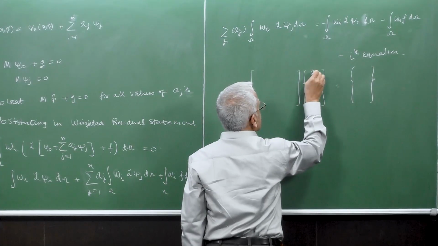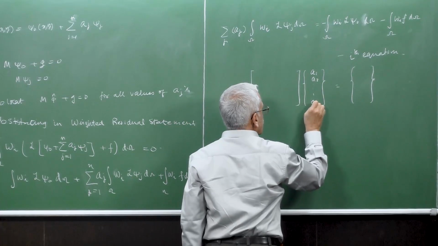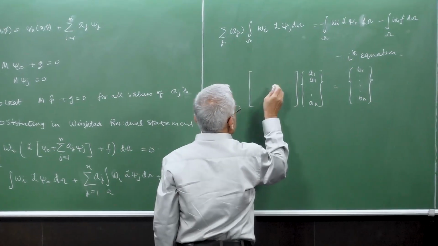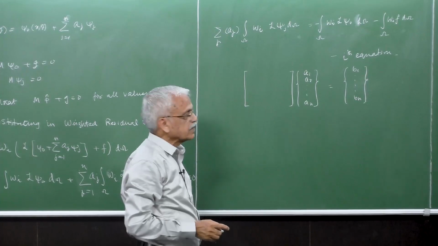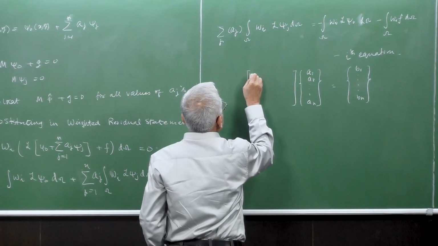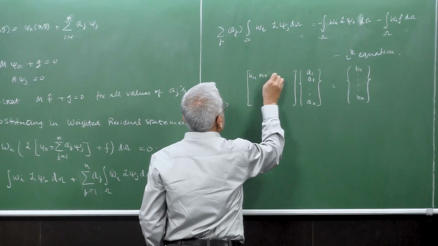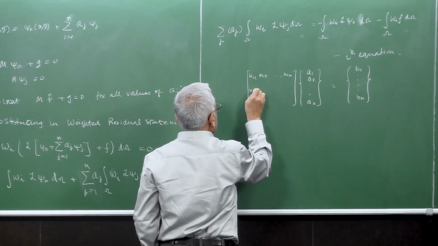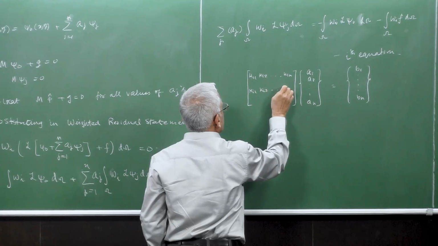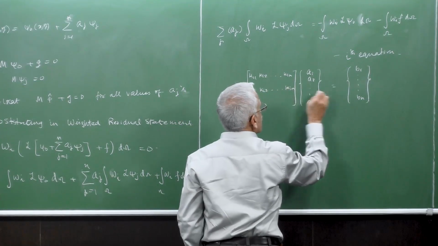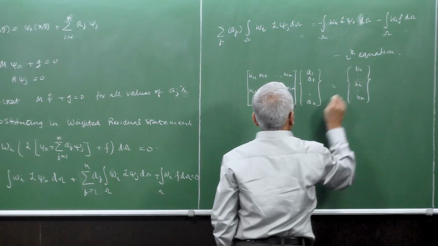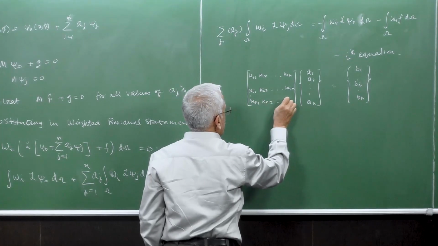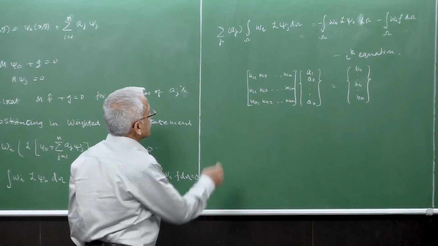For example, this is a set of coefficients a1 to an, and this is bi, and in the usual conventional sense we call this some K matrix here: K11, K1n, then Ki1, Ki2, Kin, and Kn1, Kn2, Knn.